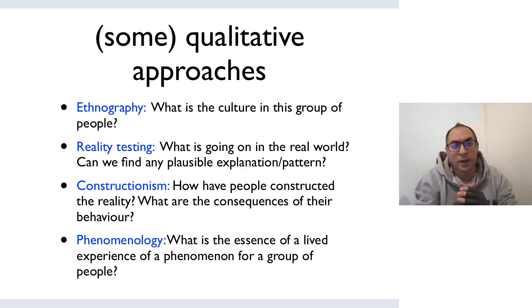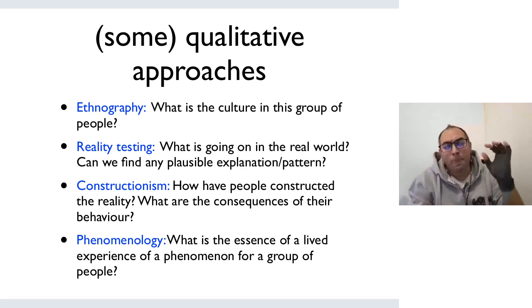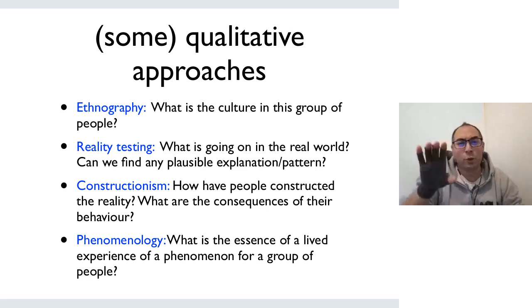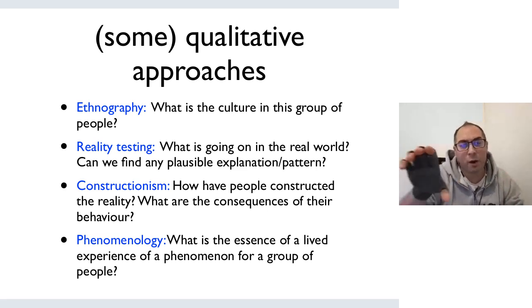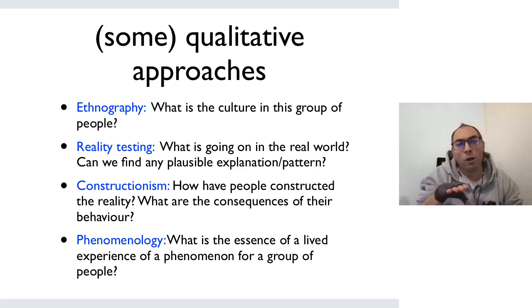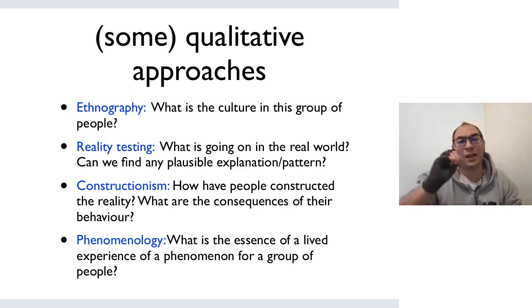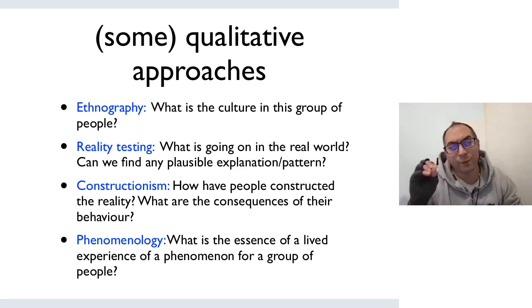So, for example, reality testing. Now, keep in mind, if you have a complex phenomenon at hand, there's a very good chance you will have to combine qualitative research with quantitative research. In most, if not all of these studies, the design started with a qualitative angle, and then it eventually led to a quantitative angle.